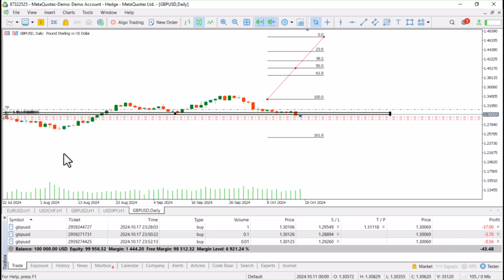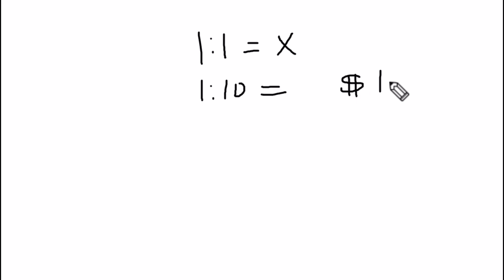I've discussed this. I told you, when you are given a leverage ratio of 1:1, it means you cannot take a loan from your broker. Ratio 1:10 means if you have $1, you can control or take a position up to $10.